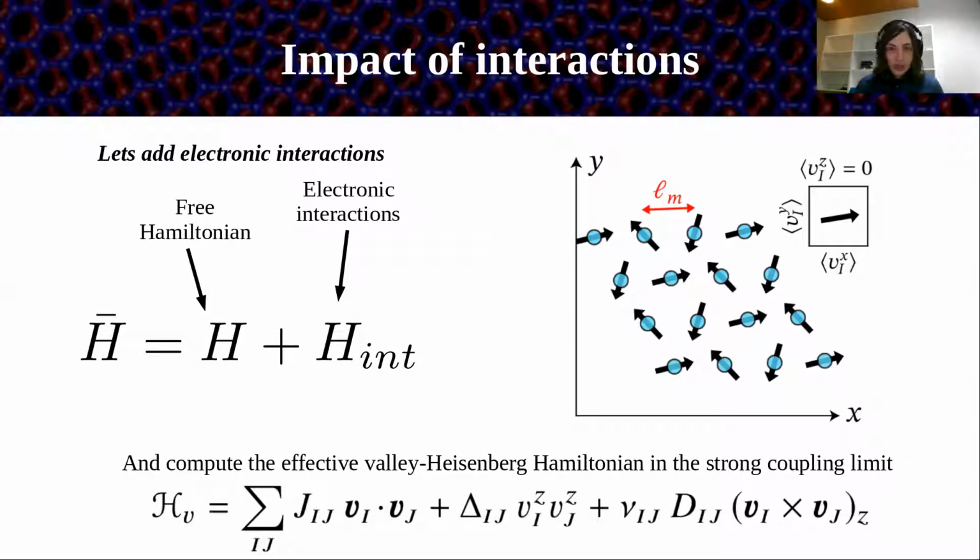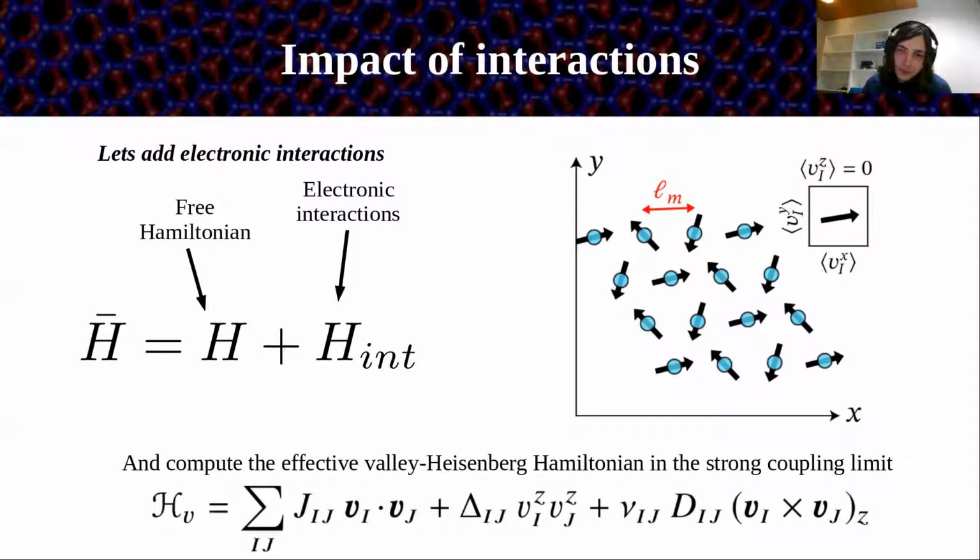So in this form, what we essentially get in the strong coupling limit when we include interactions is a valley-Heisenberg Hamiltonian, namely a model in a triangular lattice where the local degree of freedom is the valley degree of freedom, and the different local valley moments are coupled through, let's say, various interactions that we write down here.